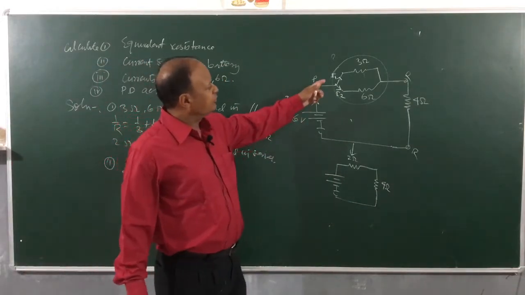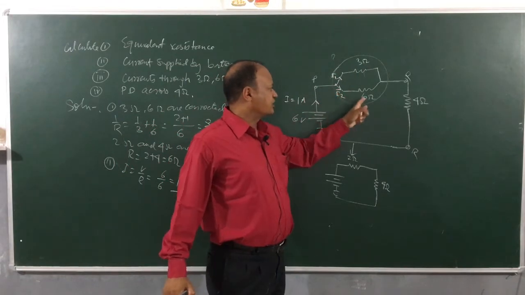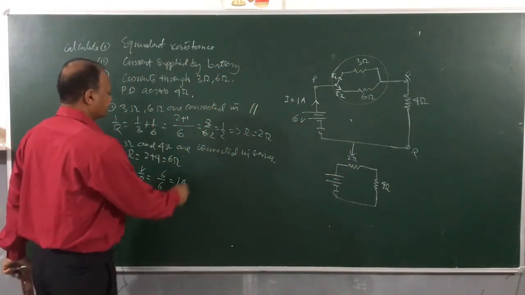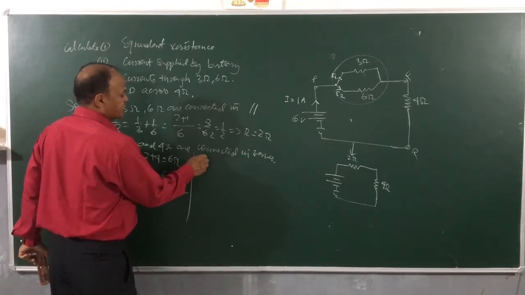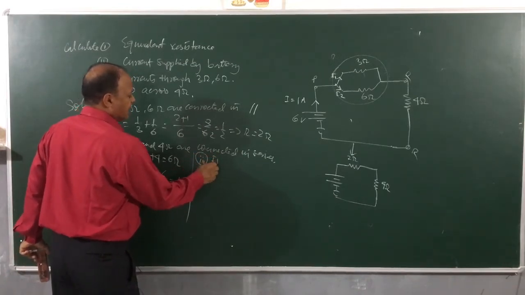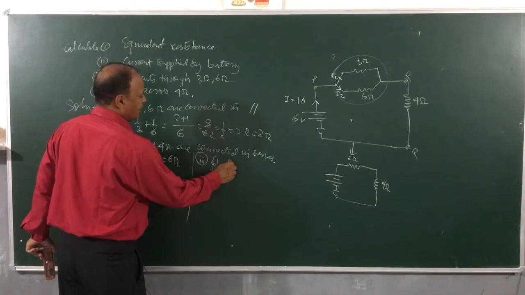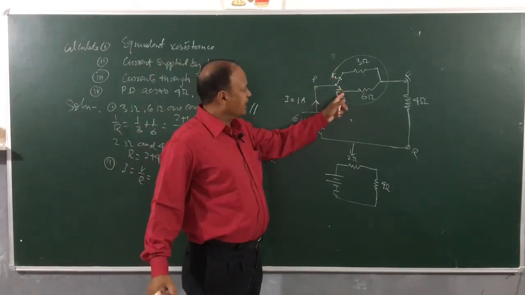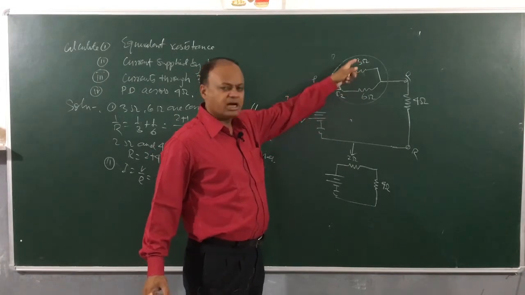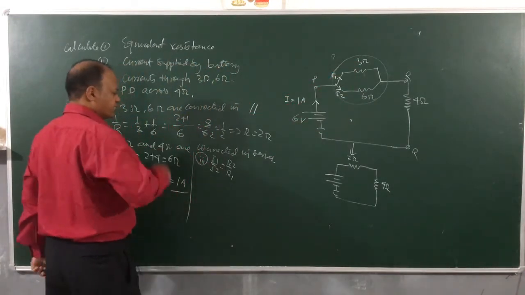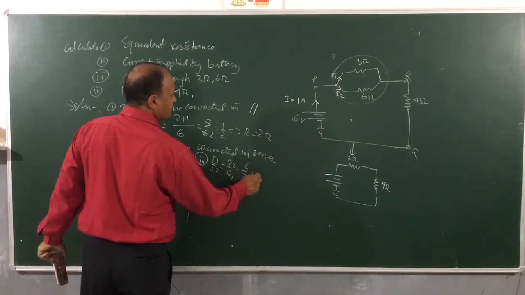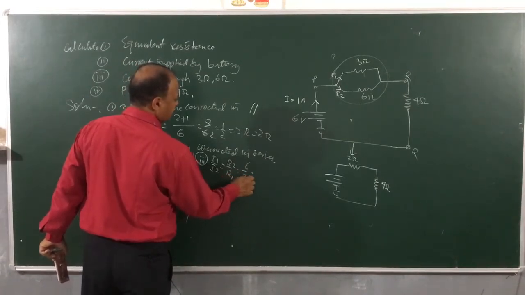Meaning current through 3 ohm resistance is I1 and through 6 ohm is I2. So I can say here I1 by I2 is equal to R2 by R1, inversely proportional. So 6 by 3, that is 2.